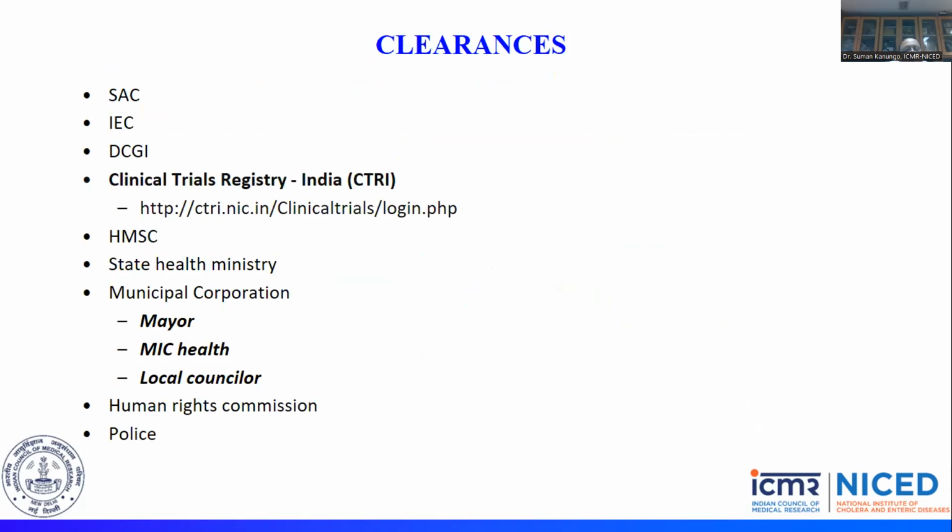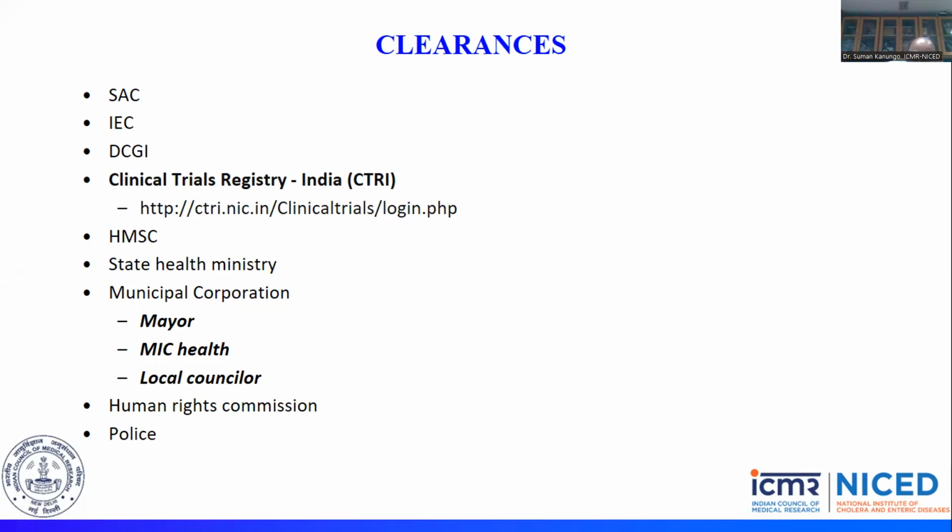So clearances: the first two are the scientific advisory committee and the institutional ethics committee, then regulatory bodies, which is the Drugs Controller General of India. If it's an investigational new drug, IND, vaccines are always new drugs, or there is a new formulation, new drug, or change of dosing, it has to be in the clinical trial registry.